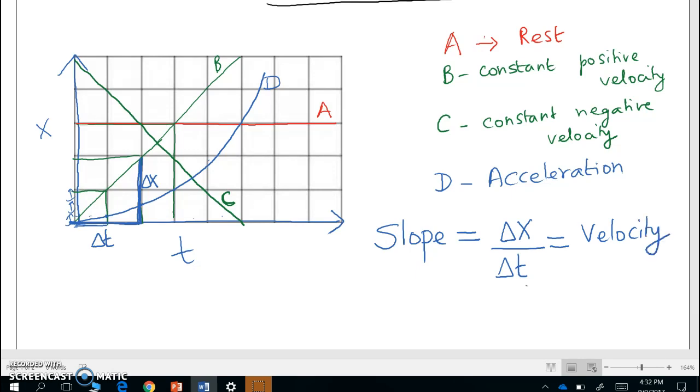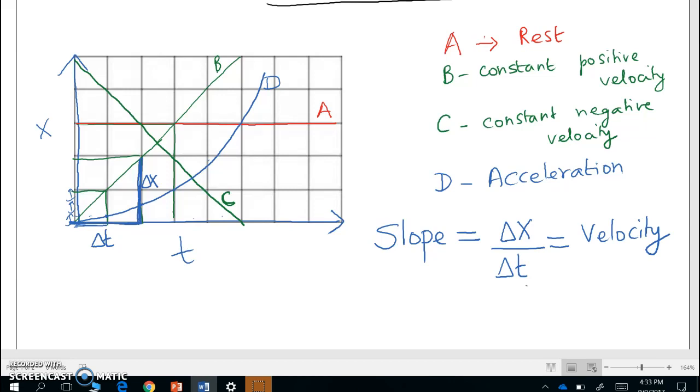So a positive slope means positive velocity, negative slope means negative velocity. A curve means the slope changes, that means the velocity is changing. A horizontal line is no slope, no velocity.